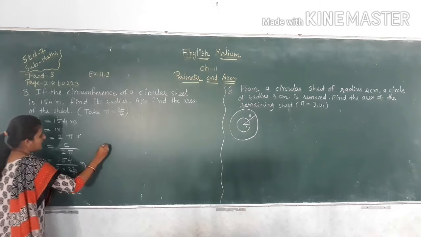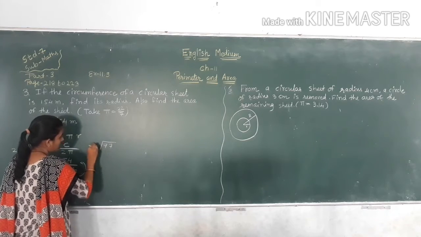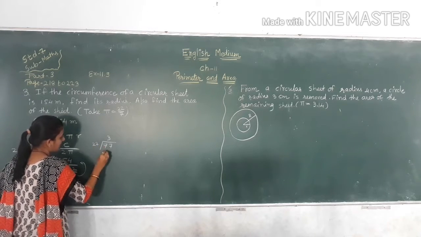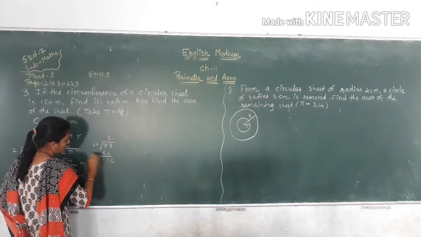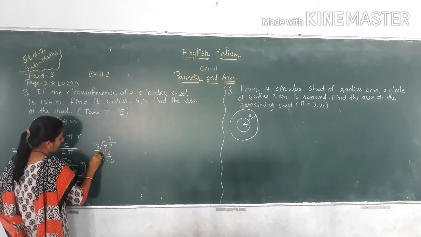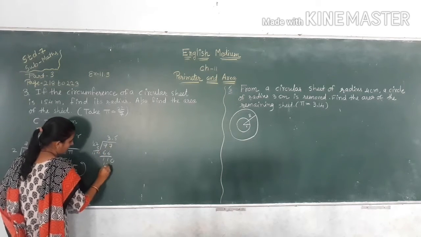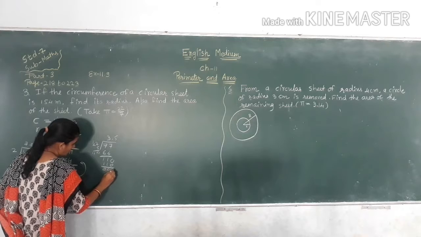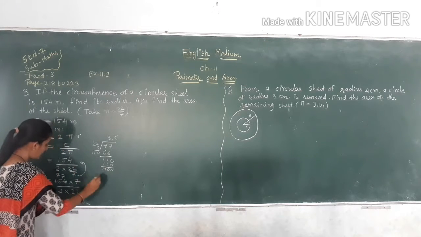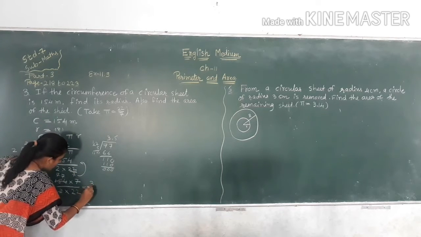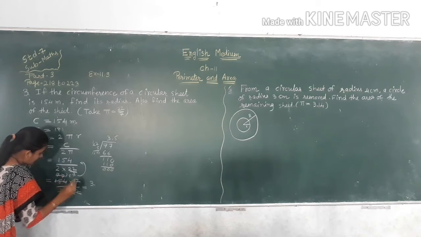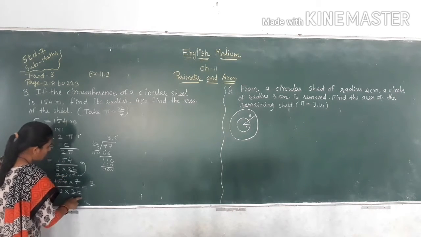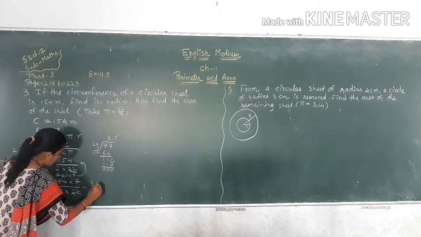Then again 77 divide with 22. 22 3s are 66. 1 1. Keep point here 0. 22 5s are 110. 0 0. We get answer here 3.5.